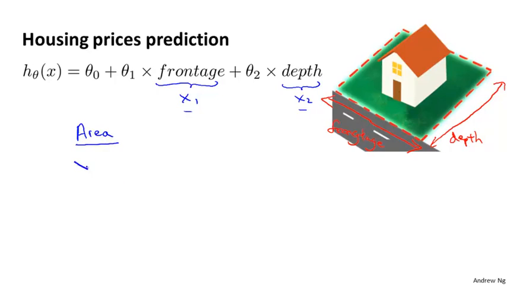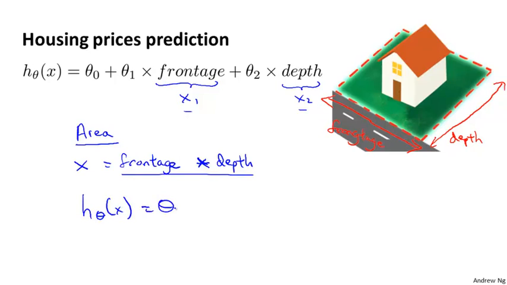So I might create a new feature, x, which is frontage times depth. This is a multiplication symbol, right? Because this is the land area that I own, I might then select my hypothesis using just one feature, which is my land area, right? Because the area of a rectangle is the product of the length of its sides.